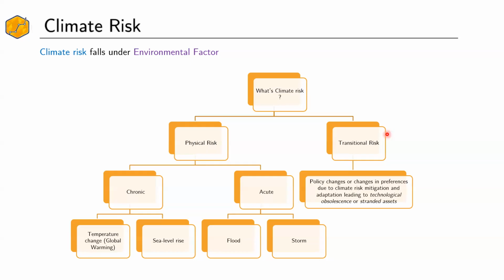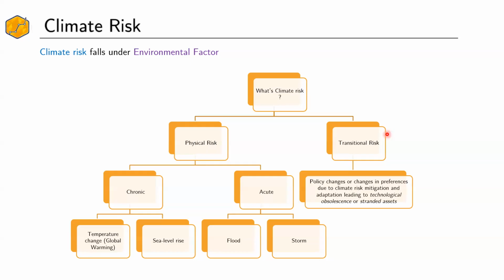There could be, let's say, a policy which heavily taxes carbon footprint. So based on your carbon emission, you have to pay taxes. Then business may not be viable, so you have to move to some other sector. Because we are going to a different kind of economy, which is energy efficient or climate friendly, a lot of your equipment, assets, technology may become obsolete.